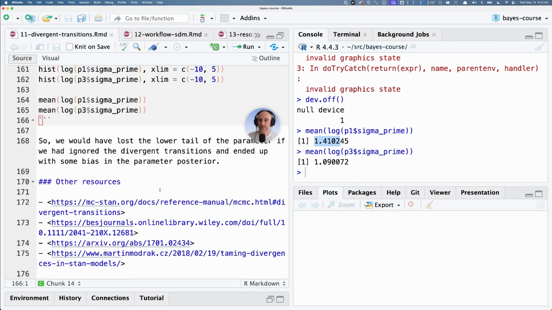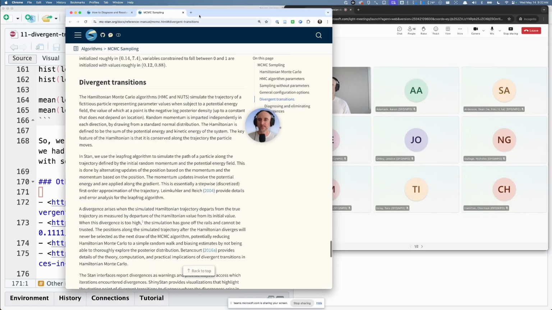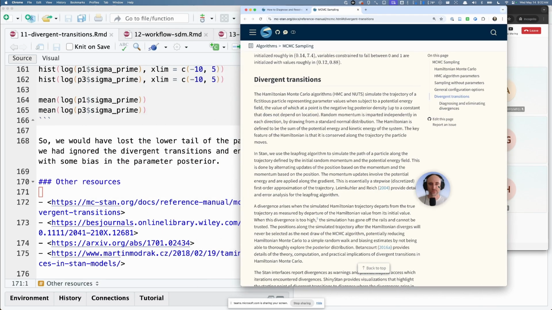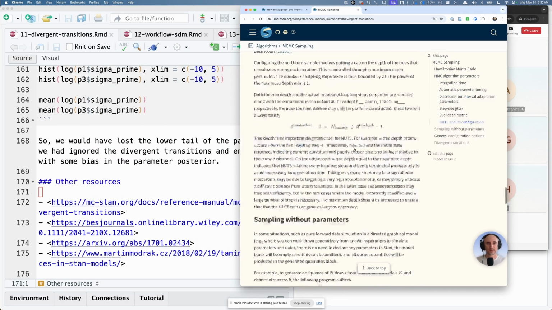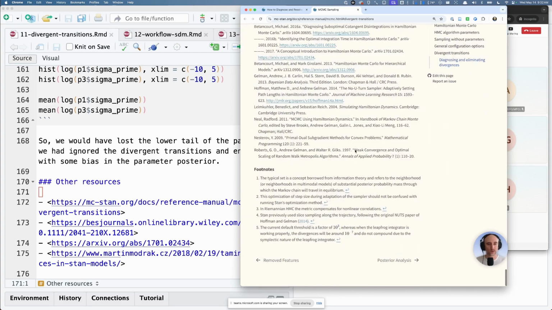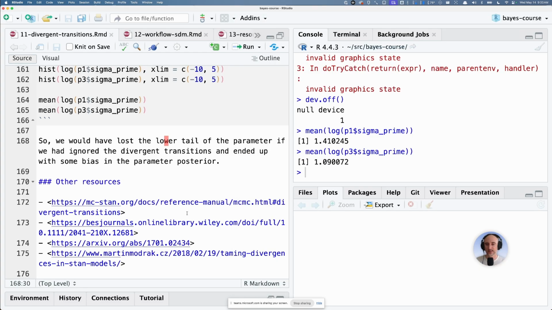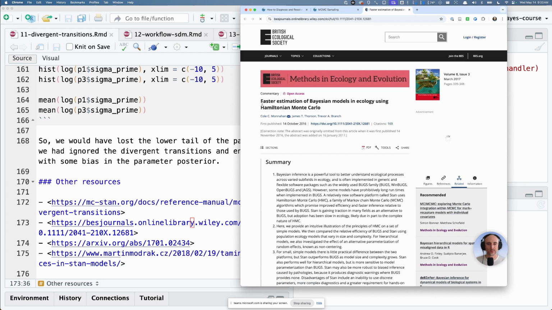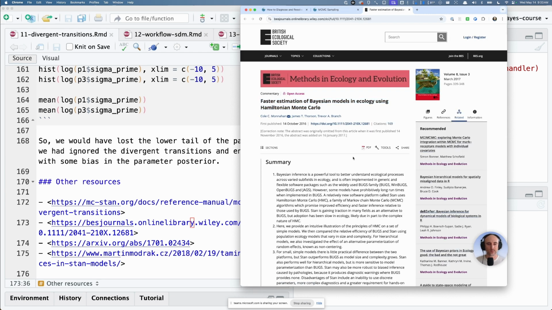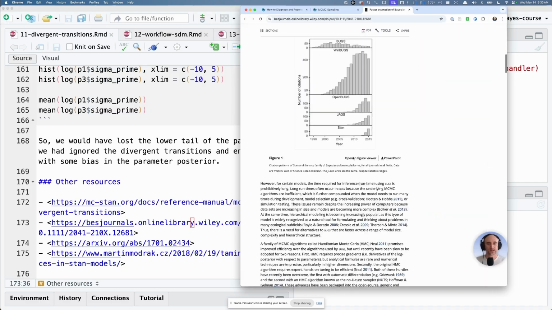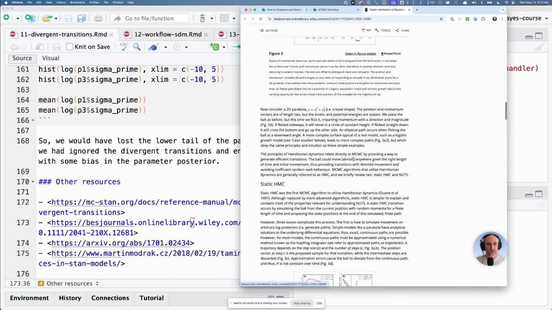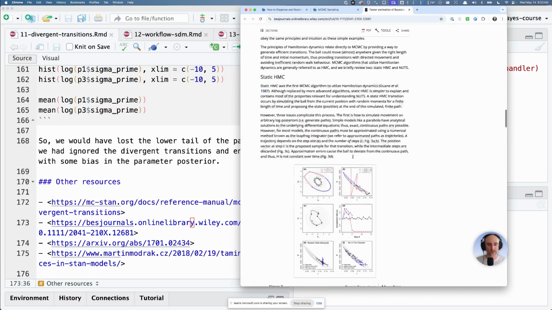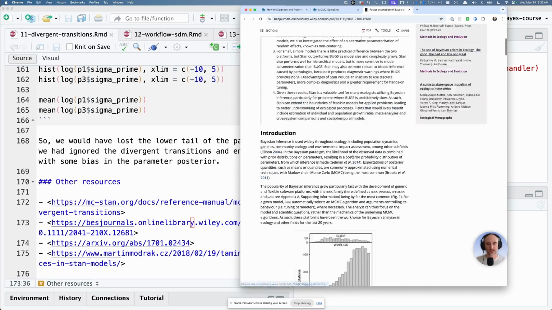So I've got some material at the bottom you may find useful. This is that reference manual that the warning will actually tell you to go read. This here is that paper that Cole Monahan did as part of his PhD chapter, which is a nice introduction to the Newton sampler and Hamiltonian MCMC for ecologists.